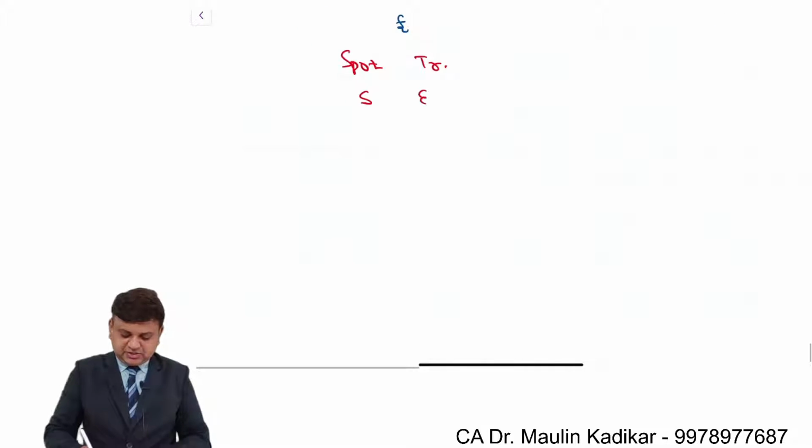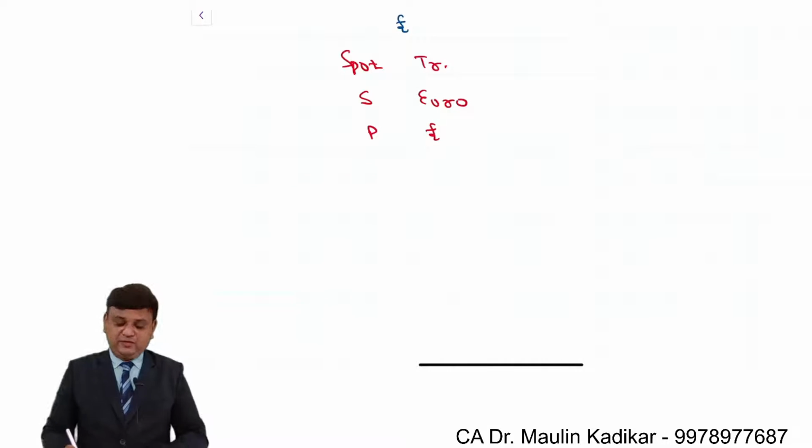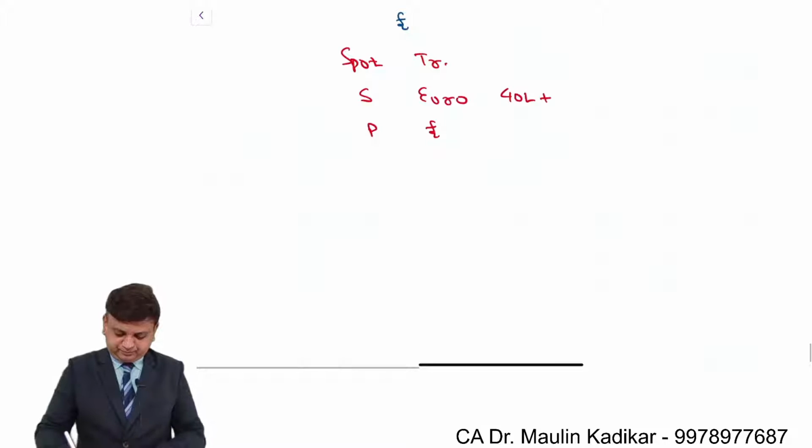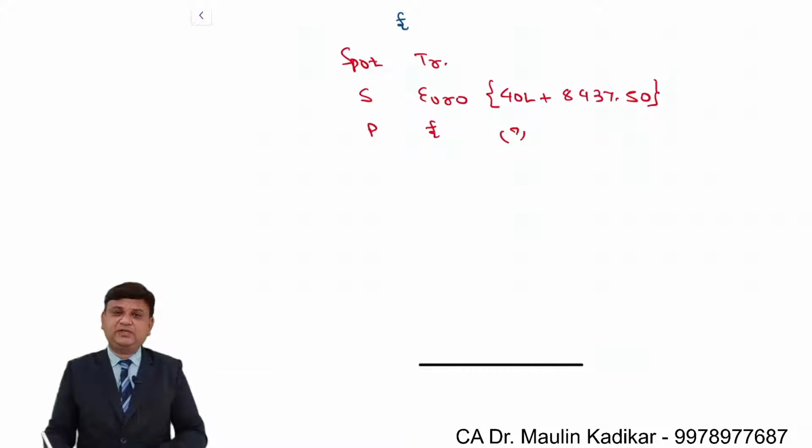Spot transaction is sale of euro and purchase of pound. Dear students, we have received an amount of the 40 lakhs from customer, plus there is a profit of 8437.5. This is the total amount that you have received, and for that you will receive this amount of the pound.